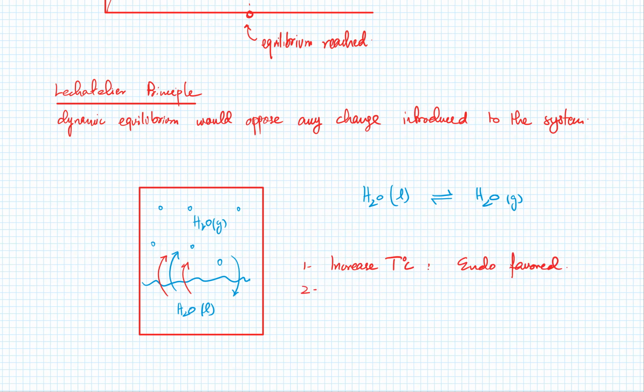Vice versa, if I decrease temperature in this container, then your evaporation would probably slow down, and relatively speaking, your condensation is going to be a lot faster. At a lower temperature, there's going to be a lot higher condensation.